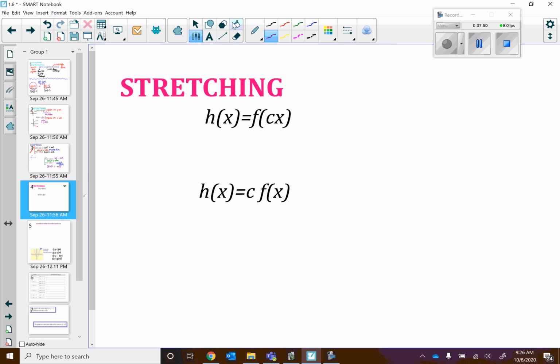Let's talk about stretching. So stretching is making it wider or thinner or taller. And the same general things are going to be true. All right, so in this case, the c is directly touching the x. So again, it's acting on our x values. This is going to be a horizontal change.